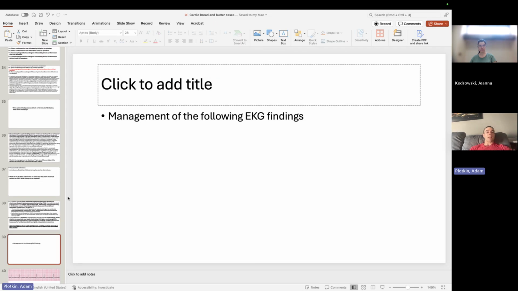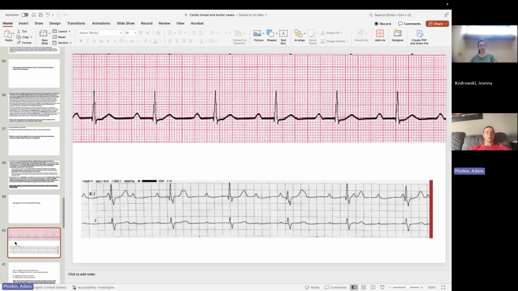All right. Management of the following EKG findings. Think about the top one, what would we do? And then we'll move to the bottom one. Oh my gosh, I'm so bad at EKGs. This is really good though, because it's identifying a weakness early, and you have multiple months to practice.